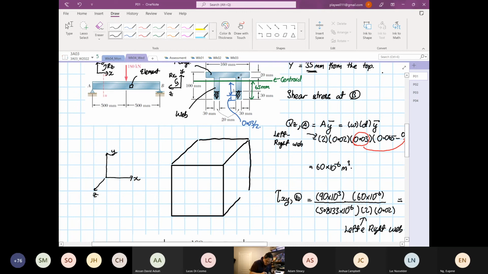So we calculate the shear force. We calculate the Vy coming down in this direction.